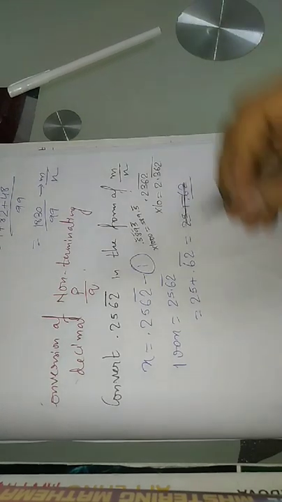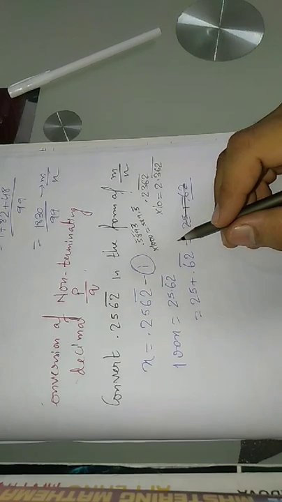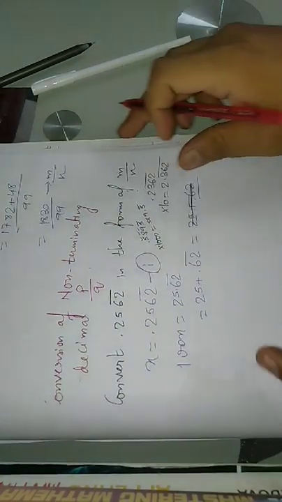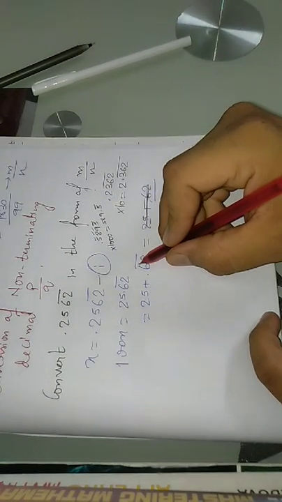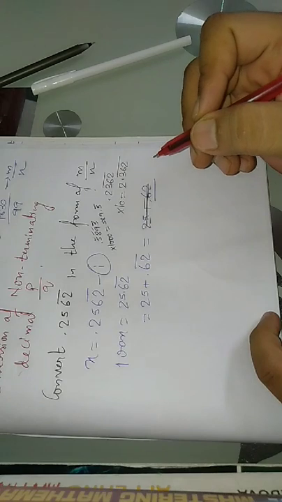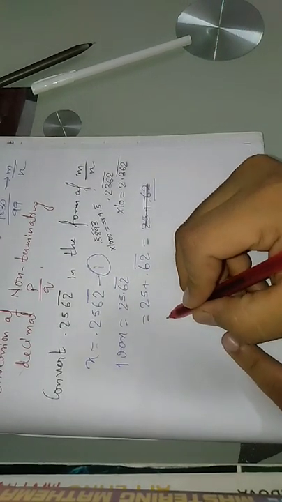Okay, so we have got till here 0.62 bar. Now this will undergo a very special expansion. Since this is repeating in nature, this has to be written in this way.